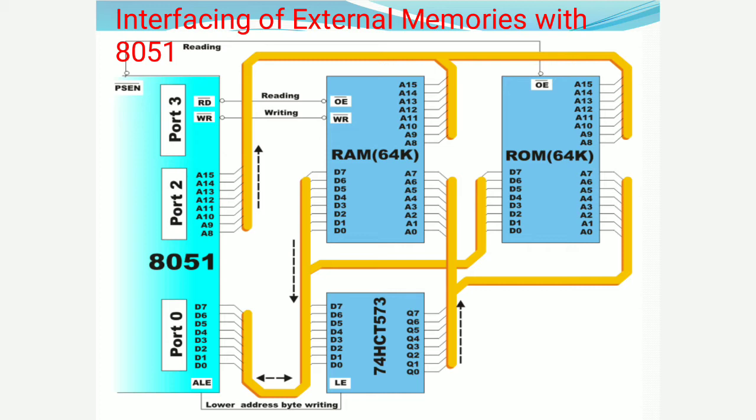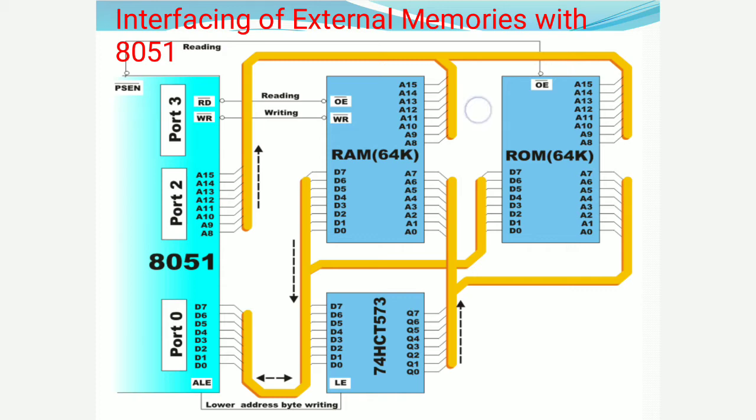And the third case is related to accessing only external program memory, that is external ROM. In that case, we have to connect EA bar equal to ground, that is a 0-volt signal applied to the EA bar pin, so that we are able to access only external program memory. So whatever contents are loaded in internal program memory are not accessed at all. Only access is allowed for external memory.